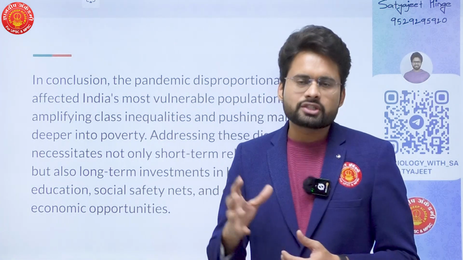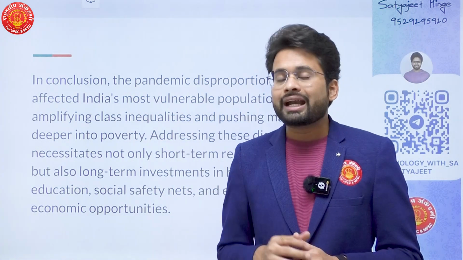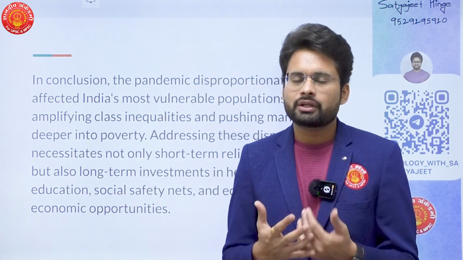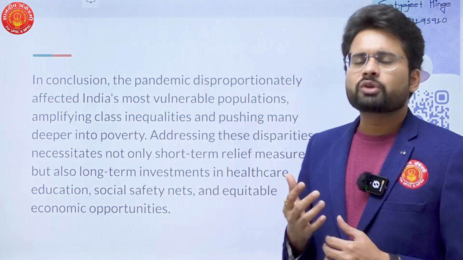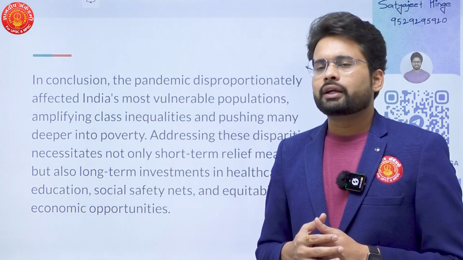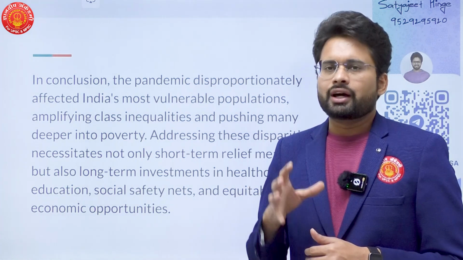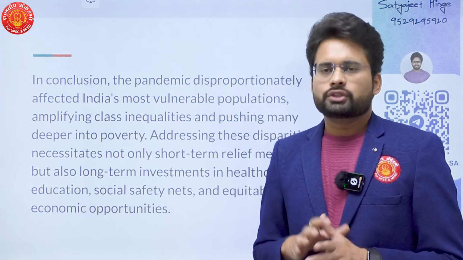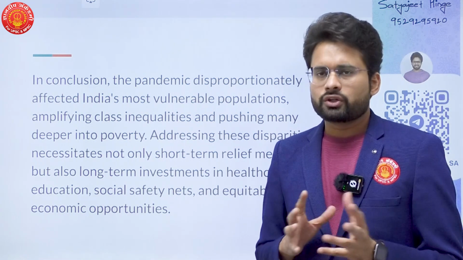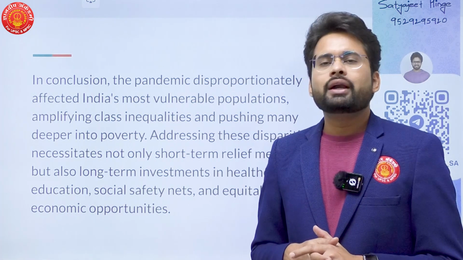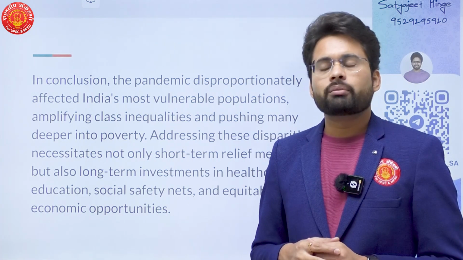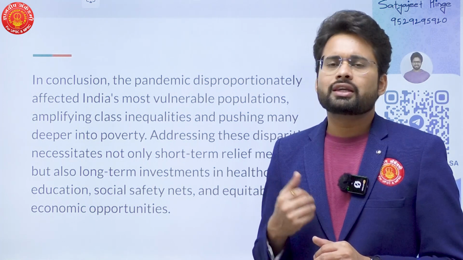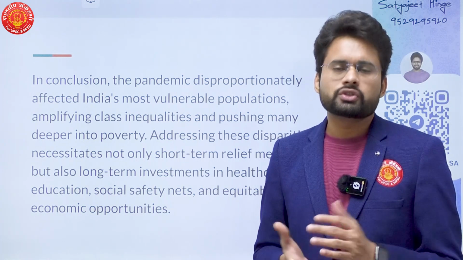So on these 5-6 points, we can argue that COVID-19 led to higher poverty and higher income inequality in India. In conclusion, we can provide a solution: how in the near future we can provide budgetary allocations and employment to the persons who lost their jobs during COVID, how we can provide better health facilities, better medical and insurance facilities, or how we can minimize this income inequality because of COVID-19.